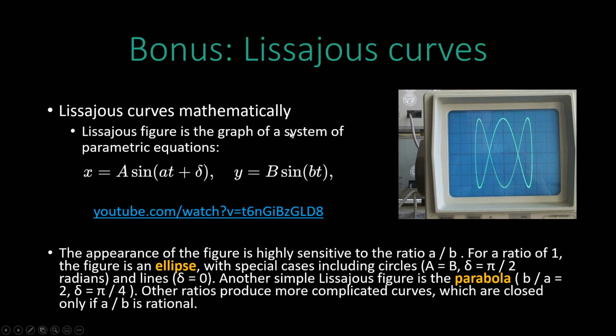Depending on the setting of these parameters, especially the ratio of a and b, we can get figures which look like ellipses, or circles, or just a line on one side, or something like parabolas, or more complex curves, like some complicated things like this.